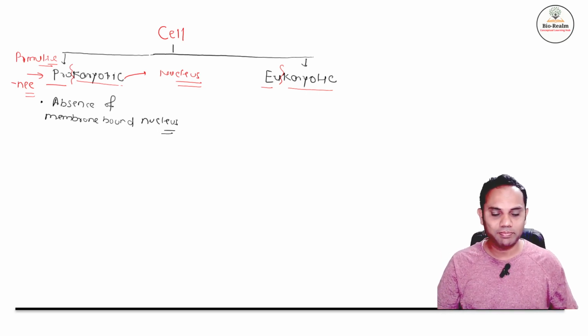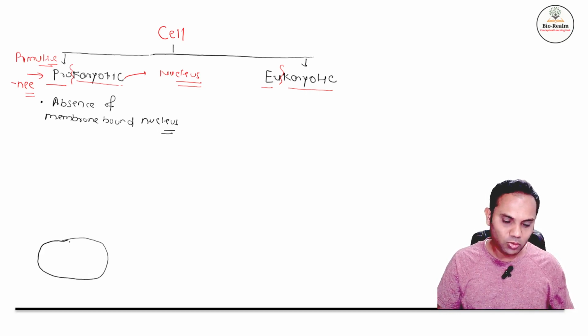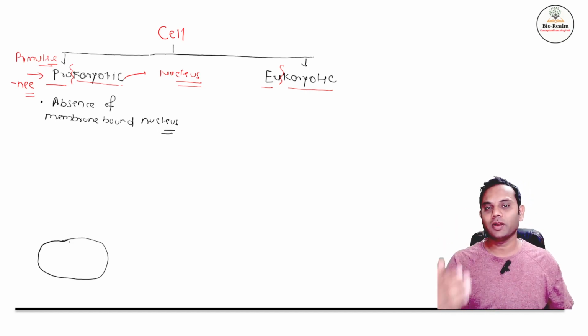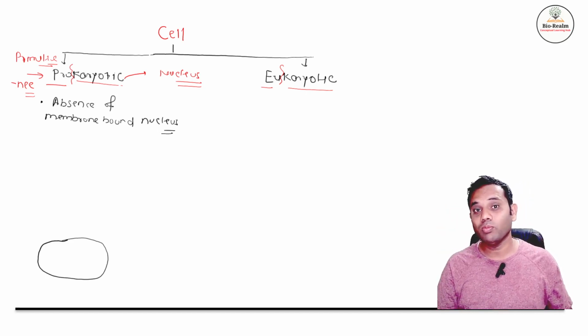It has a very simple structure. I will draw the structure here. Okay, if I draw the structure here, prokaryotic cell looks like this. The most famous example of the prokaryotic cell is in the kingdom Monera.